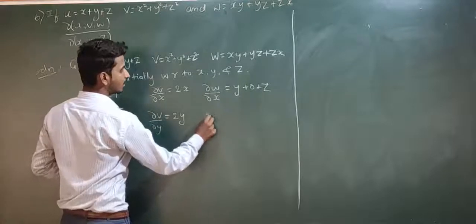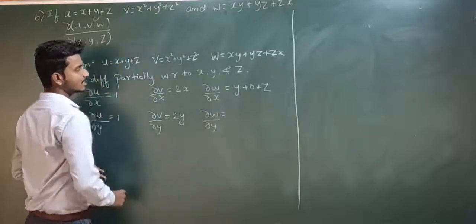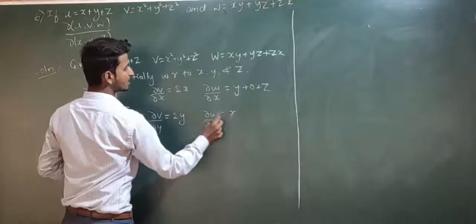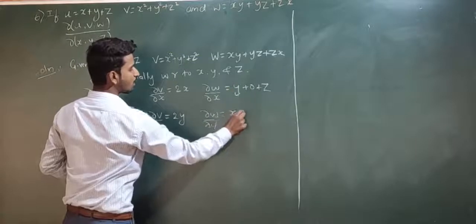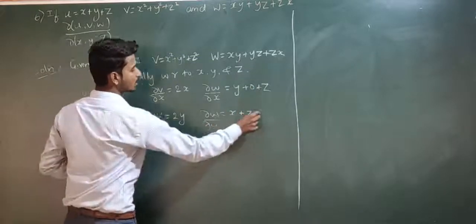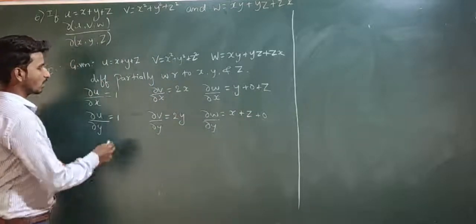Next, dou w by dou y, with respect to y the remaining terms are x and z, and this will be 0. This is about x and y.